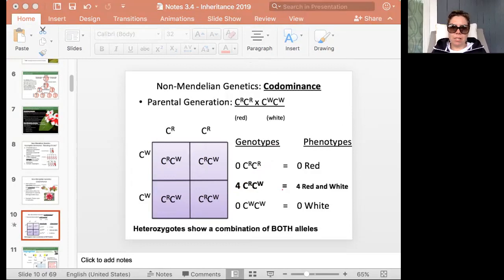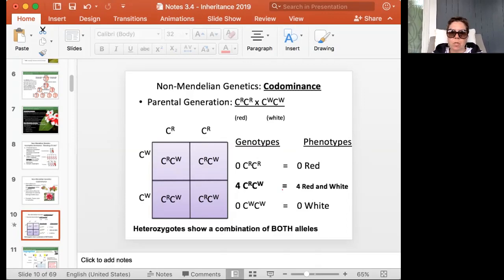In our parental generation, we have a purebred red crossed with a purebred white. Think of the gene as color, C, and the allele as R for red or W for white. When you do this cross, you'll see that just like in the codominance cross, we don't get our normal predicted inheritance pattern.